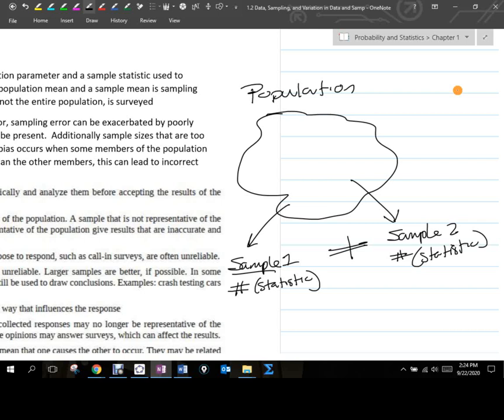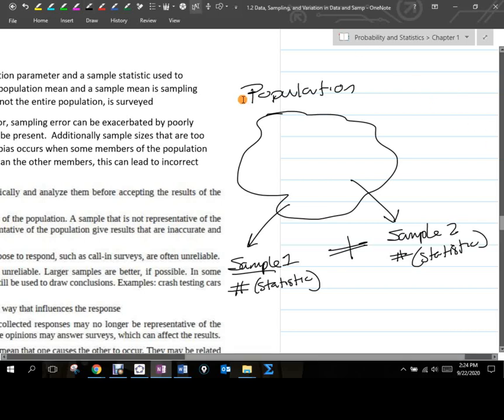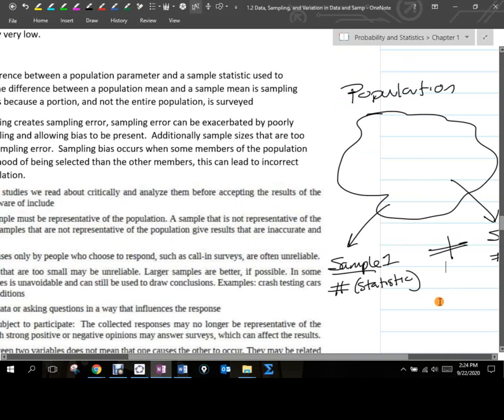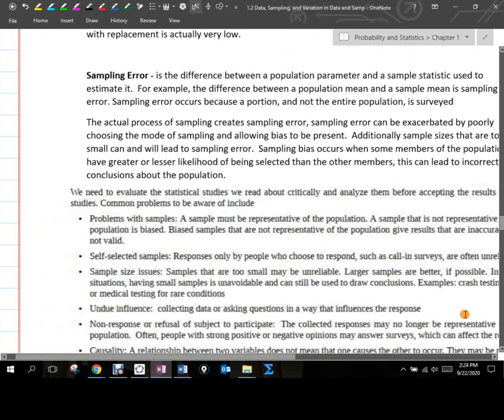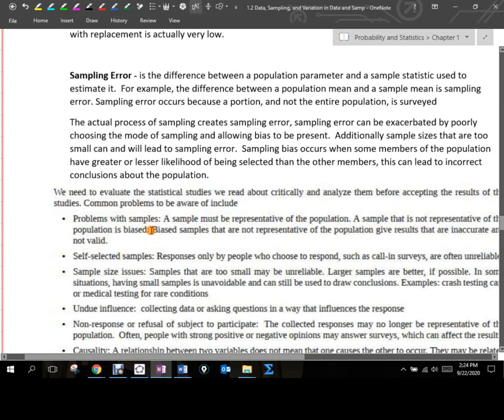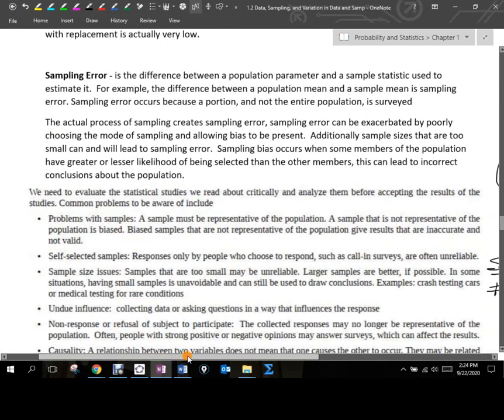That's something we'll talk about when we get to the average of the sample means.